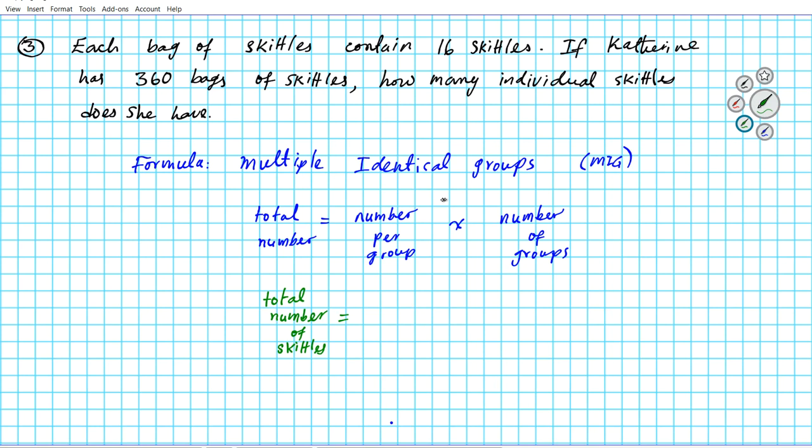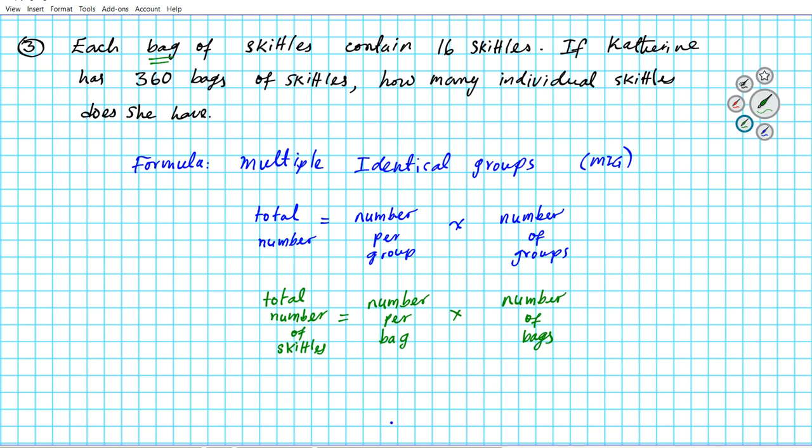So what are the groupings here? The groupings here are the bags of Skittles. Okay, so we need to know the number per bag, that's the number per group, multiplied by what? The number of bags of Skittles, number of bags. Okay, so just remember that in this particular problem, the groupings are the bags.